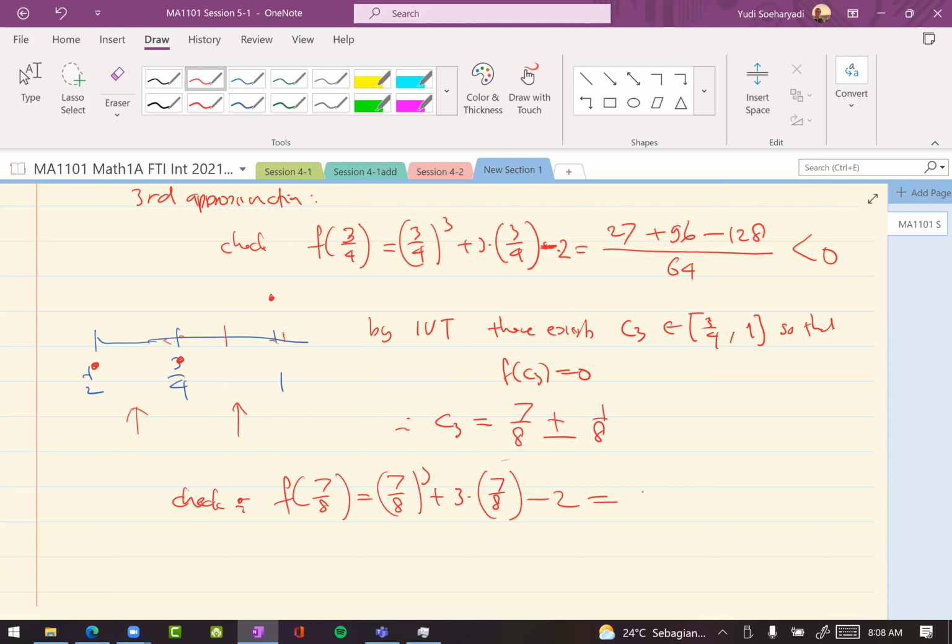The result will be positive, sir. It will be positive 89 over 64. So now we need the value, not the sign here. What's the value here? 89 over 64.